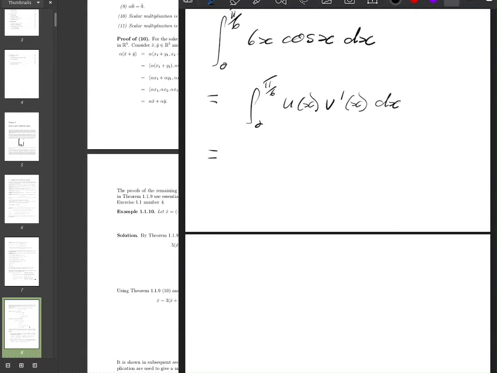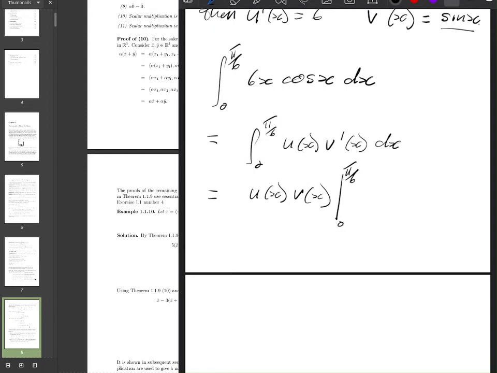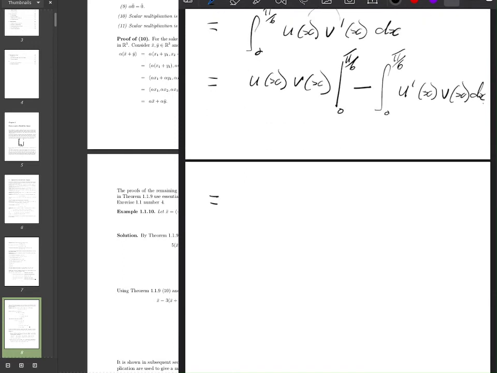That becomes u of x v of x evaluated between 0 and pi over 6 minus the integral from 0 to pi over 6, and now with this derivative passed to the u, so u prime of x v of x dx. And now let's substitute what we have in there.